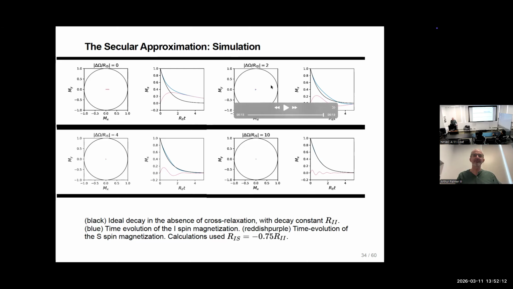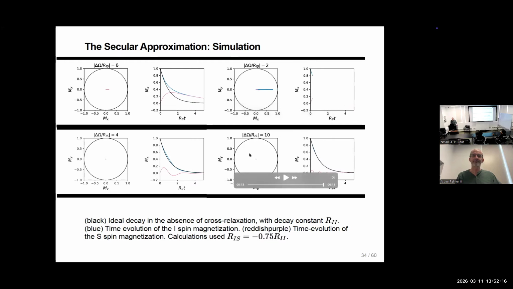Delta omega is not 0 anymore. So now the pink spin rotates a little bit. It's off resonance. The blue spin rotates. I must have the carrier set in the middle between.